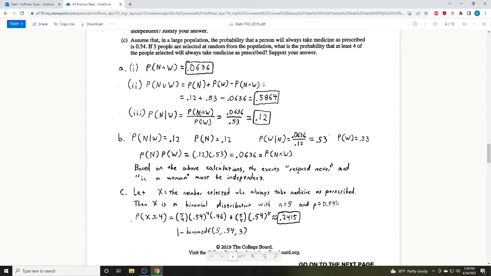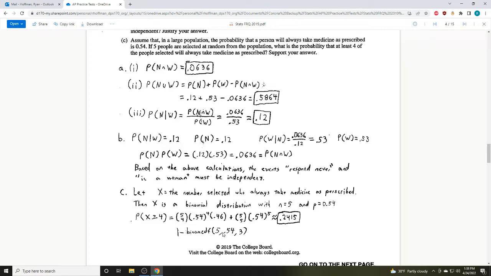And you can either show the formula, at least 4 means it could be either 4 or 5. You could show it that way. Or if you're using the calculator, then remember it needs to be binomial CDF of 3, because binomial CDF is about everything less than or equal to the amount.